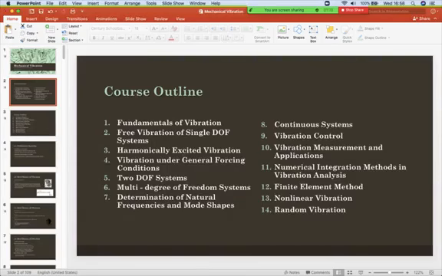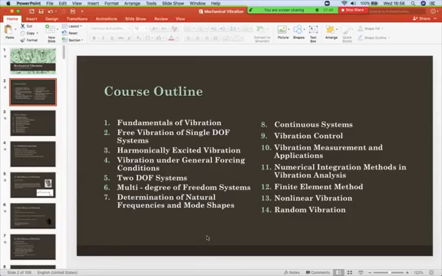To begin with, this is our course outline: fundamentals of vibration, second, free vibration of single DOF systems, degrees of freedom, harmonically excited vibration, vibration under general forcing conditions, 2 DOF system, multi-degree of freedom system, determination of natural frequencies and mode shapes, continuous systems, vibration control, vibration measurement and application.